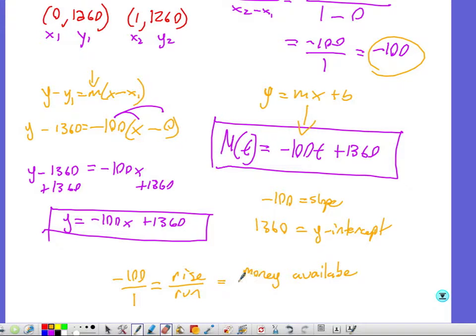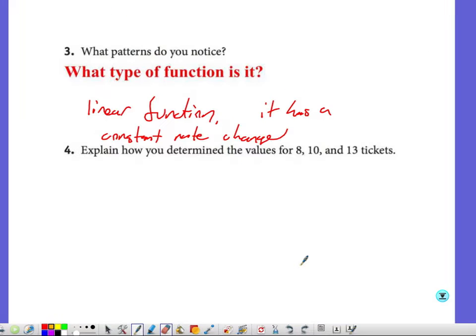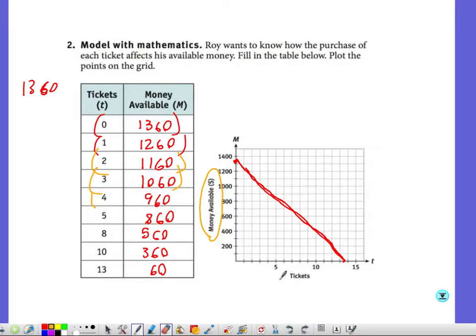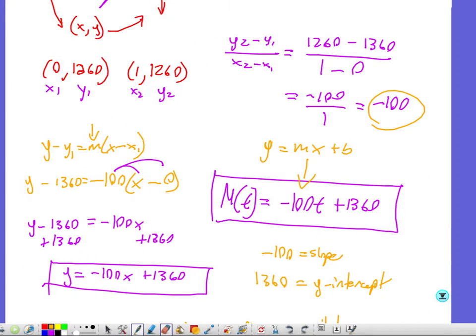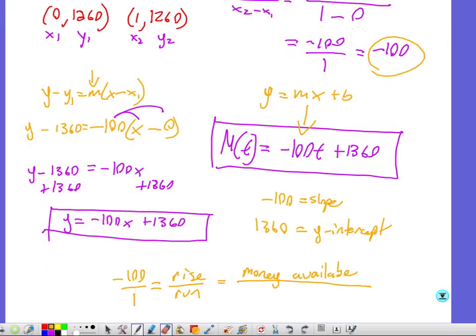Now, for run, you're running along the x-axis, and the units for the x-axis are tickets. So instead of writing run, I'm going to replace it with tickets. And so this setup right here is going to give you what the slope represents in the real world situation.